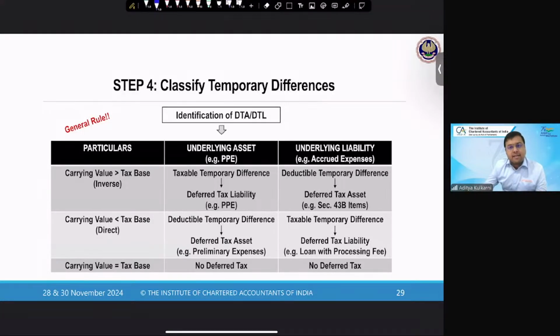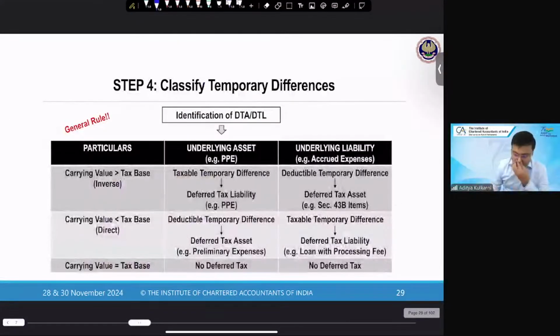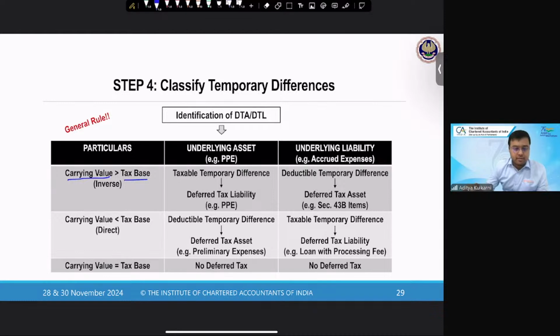All right. So now let us understand the general rule. We have completed 4 steps. Now, what is the rule? Understand the rule carefully.